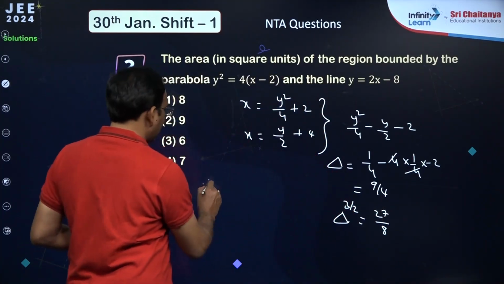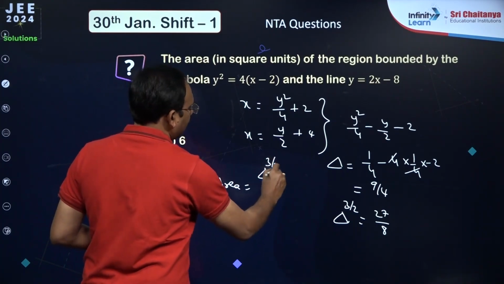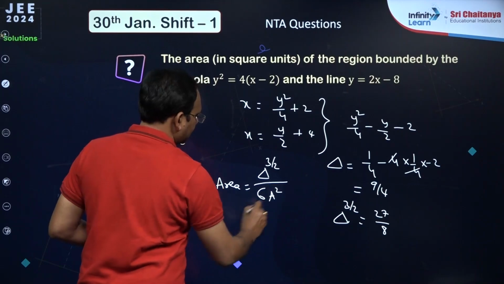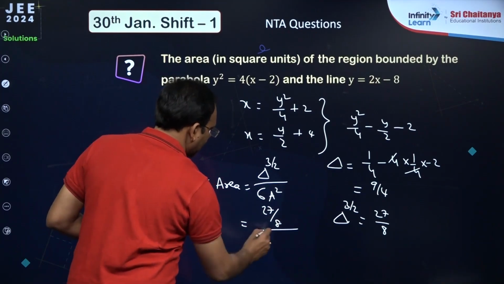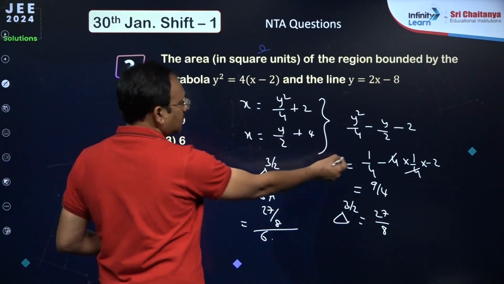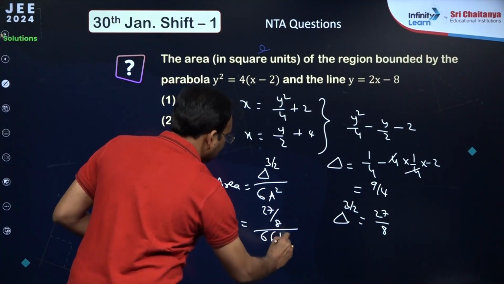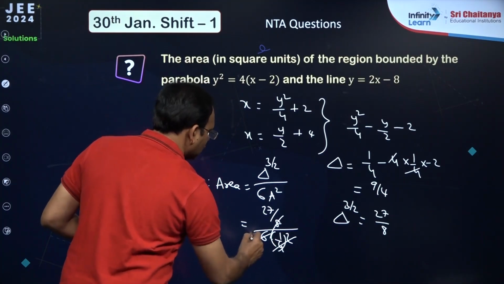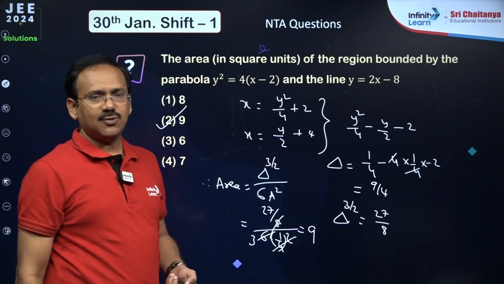So the final answer, the area shortcut, is delta power 3 by 2 by 6a square. That is 27 by 8 by 6 into a, which is the y square coefficient, 1 by 4 whole square, 1 by 16. 2 times 2, 3 times 3, 9 is 27. 9 is the answer, dear students.